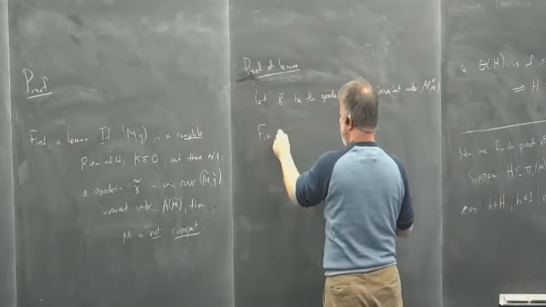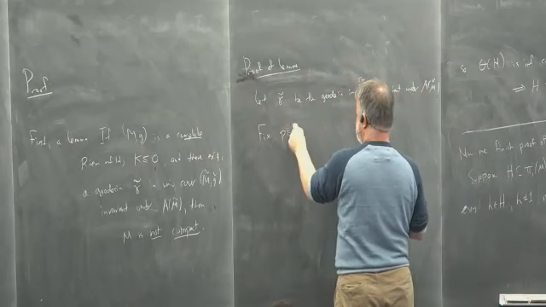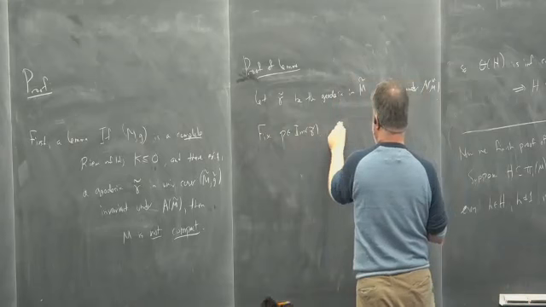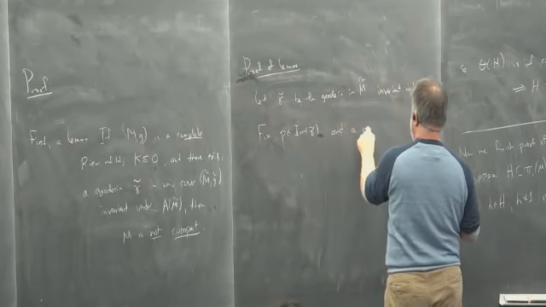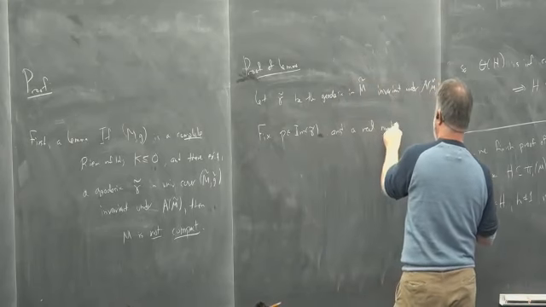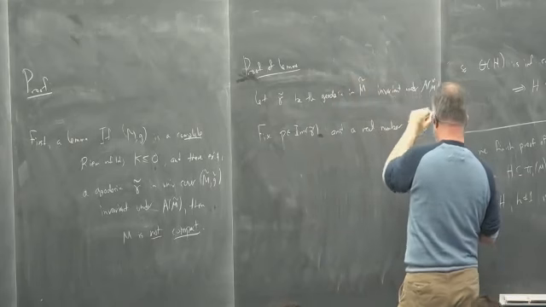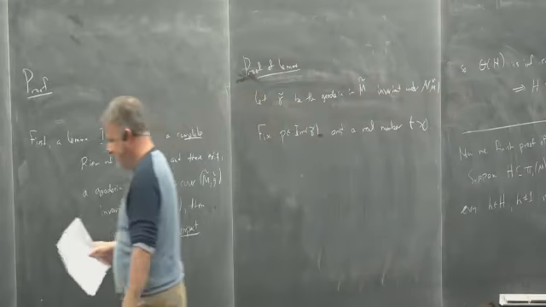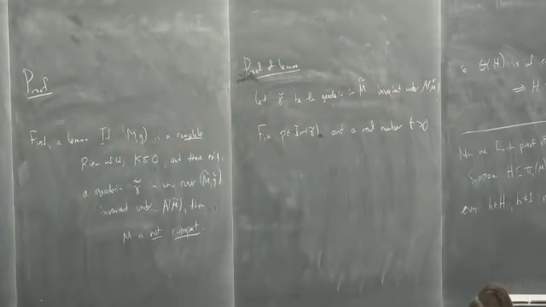Fix a point P on the image and a positive real number T. And consider, let me draw a picture. I have my colors this time.